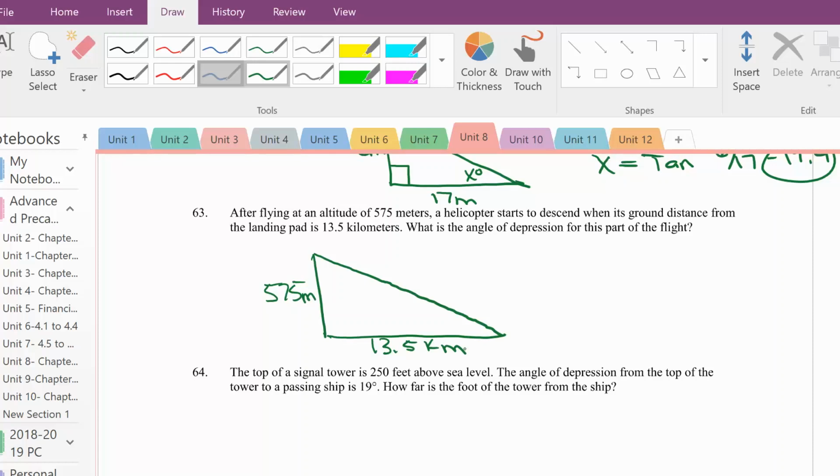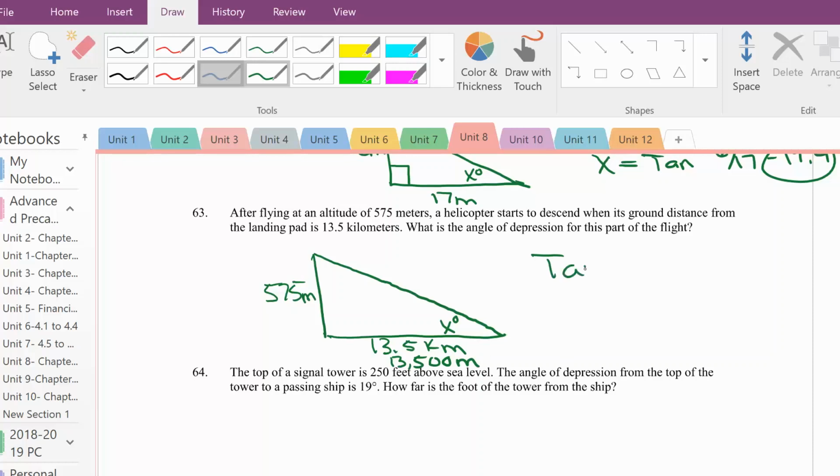And it says, what is the angle of depression for this part of the flight? Well, remember, angle of depression and angle of elevation are the same. So now the only thing we have to do is change kilometers to meters by multiplying by 1,000. So 13.5 kilometers is 13,500 meters.